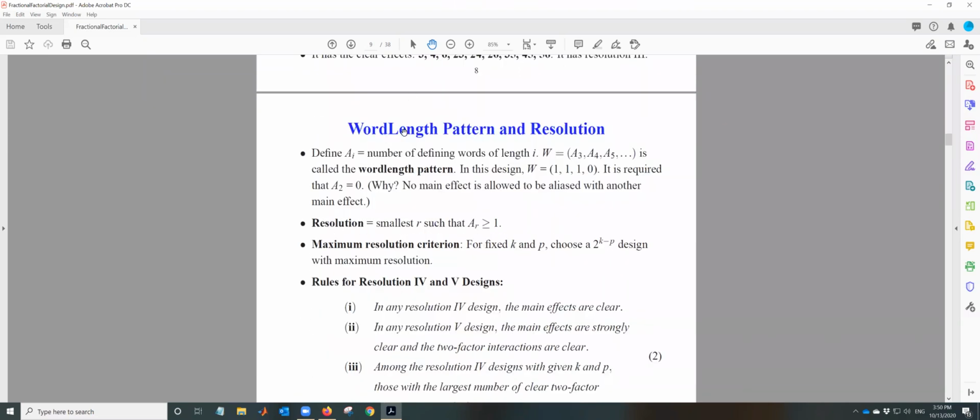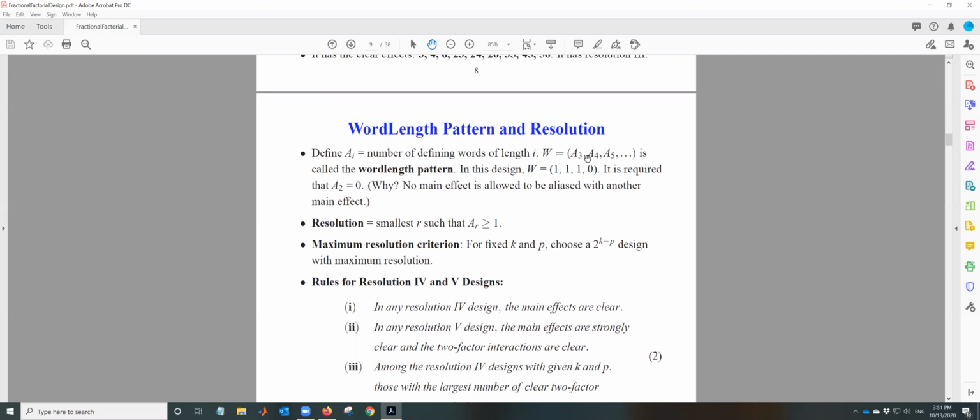So if we define the word length pattern and resolutions, define A_i as the number of defining words of length i. You see, this only goes from A3 because the length of defining words has to be at least 3. So this one will be A3, A4, A5. But why does it go from 3, not from 2?